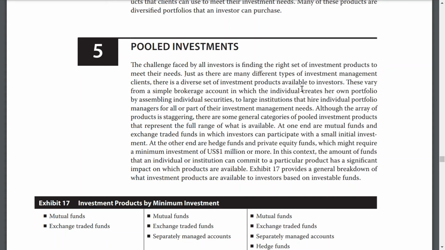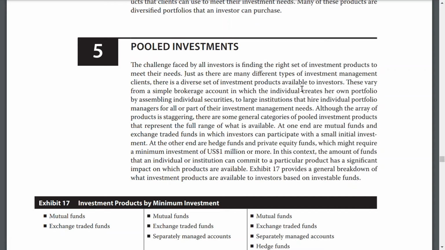These vary from a simple brokerage account in which the individual creates her own portfolio by assembling individual securities, to large institutions that hire individual portfolio managers for all or part of their investment management needs. Although the array of products is staggering, there are some general categories of pooled investment products that represent the full range of what is available.